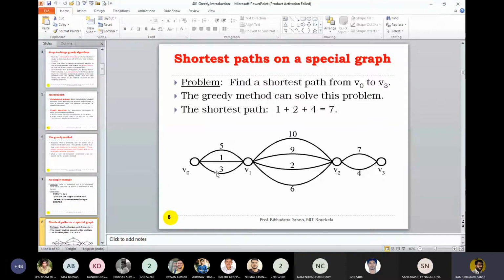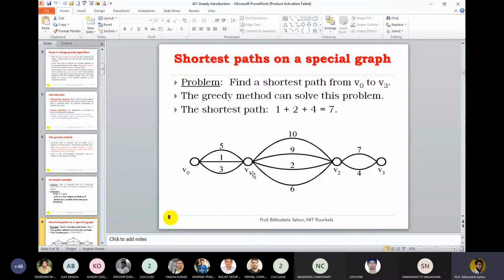So the path which I have selected from V0 to V1 is part of the solution. My objective is to compute the path from V0 to V2. The decision which I have taken from V0 to V1 will be part of the solution if I try to find a path from V0 to V2.